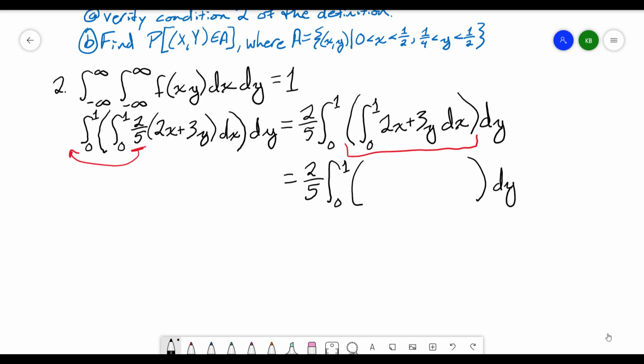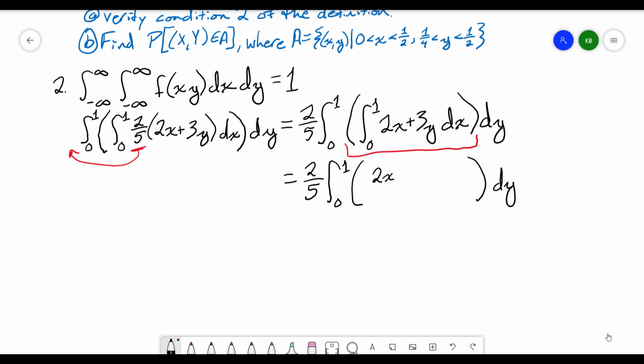Now, inside my parentheses, I need to integrate with respect to x. That means that x is the only thing being treated as a variable. So I'm going to integrate 2x, that part of that sum, with respect to x. X is a variable, so it gets treated as such. So I have 2 times x, and I'm going to add 1 to the exponent.